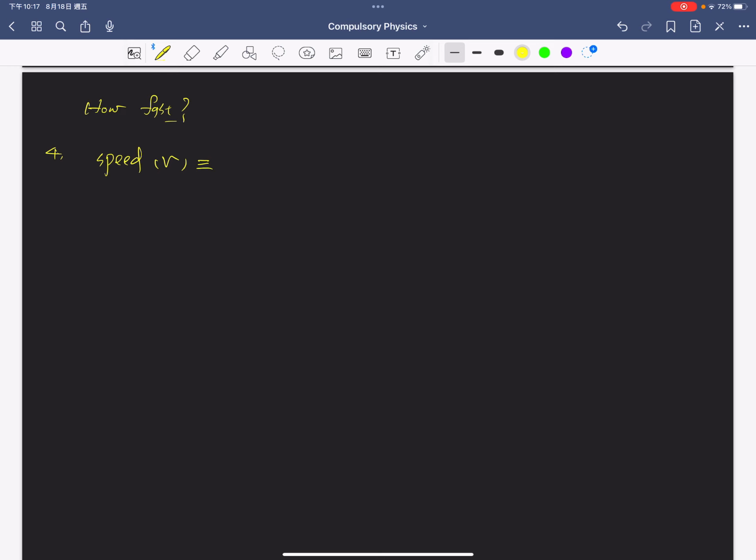The denominator of the number is actually the path length. So this is the path length over the variation of the time. This is the definition of speed.